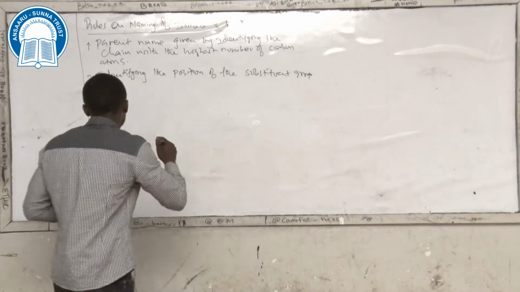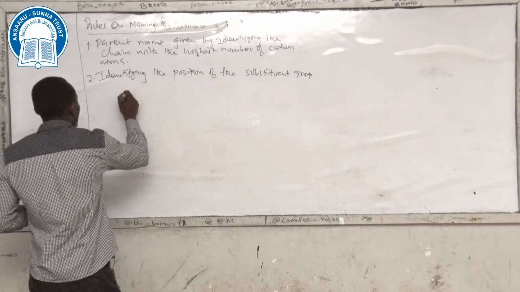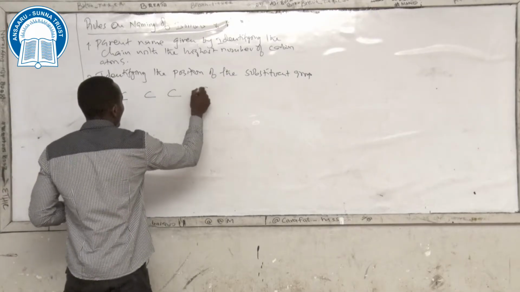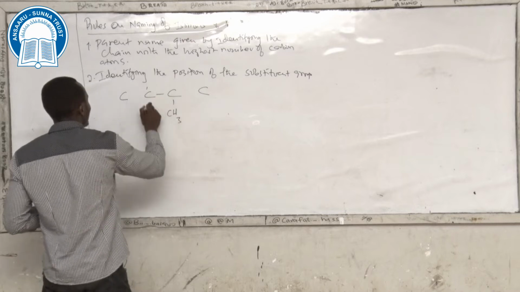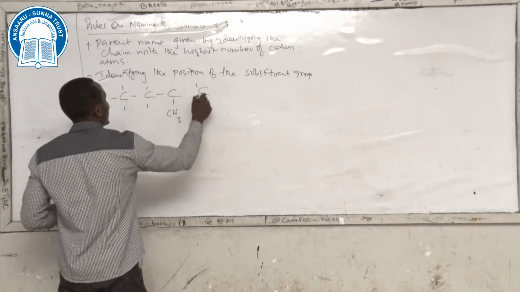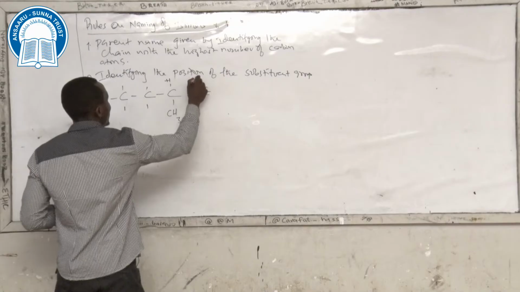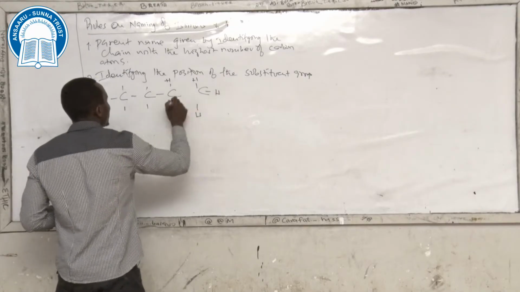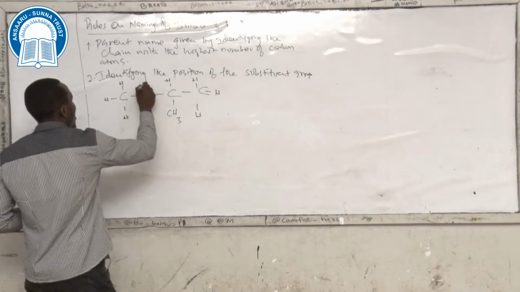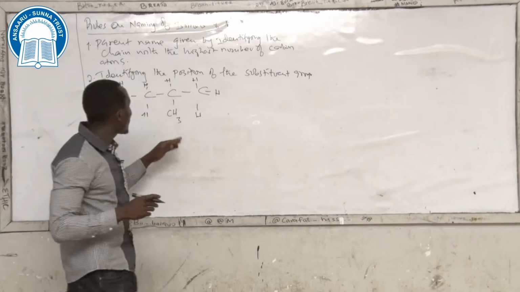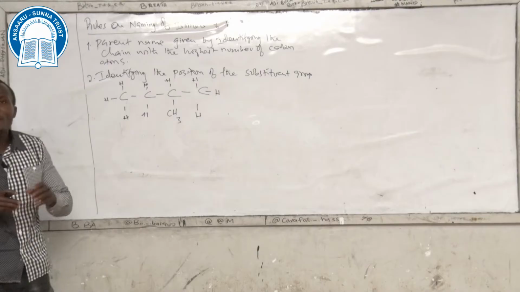For example, if we have this one here, we put a methyl, and the rest are hydrogens. From this one, first we identify the parent name.